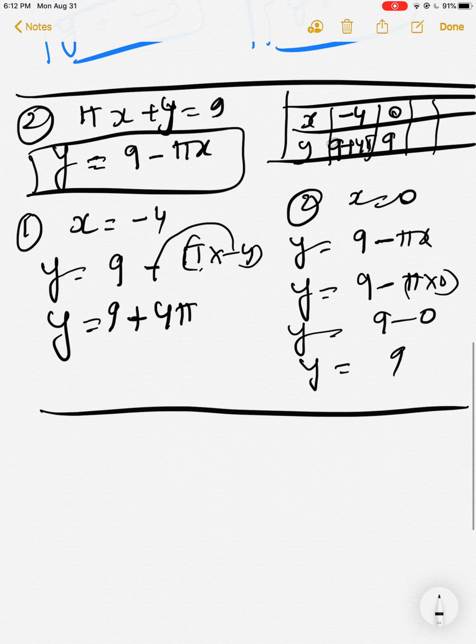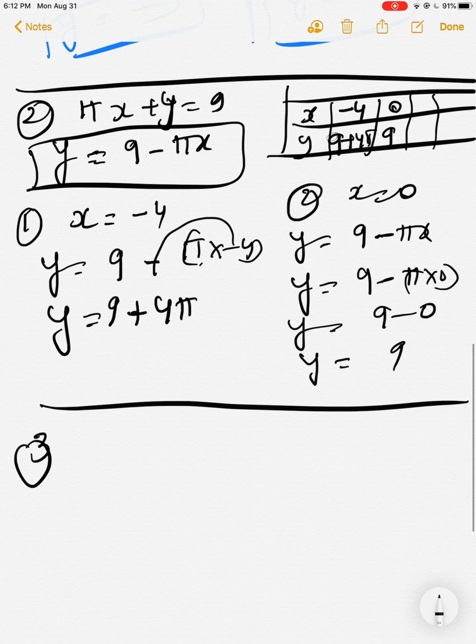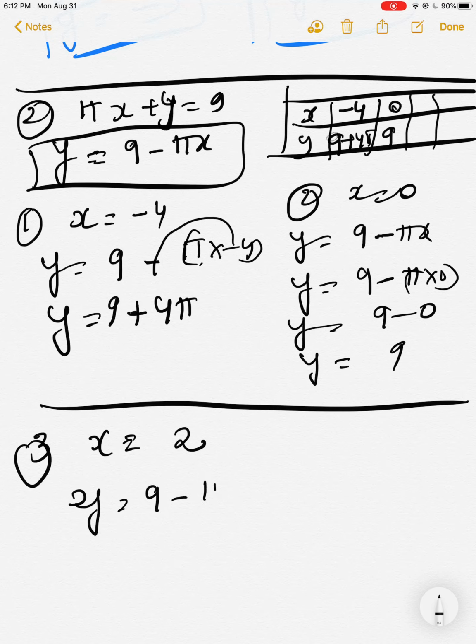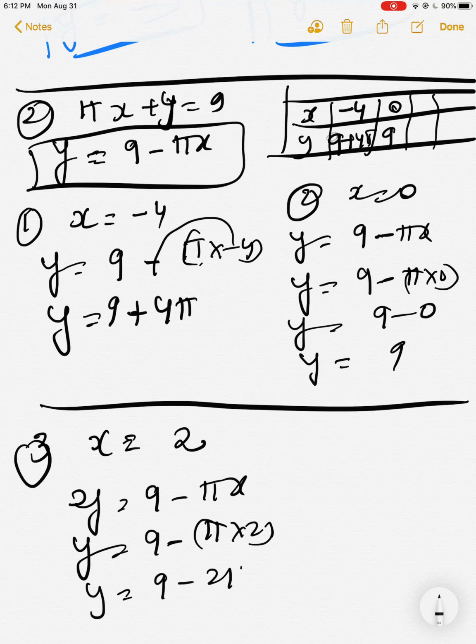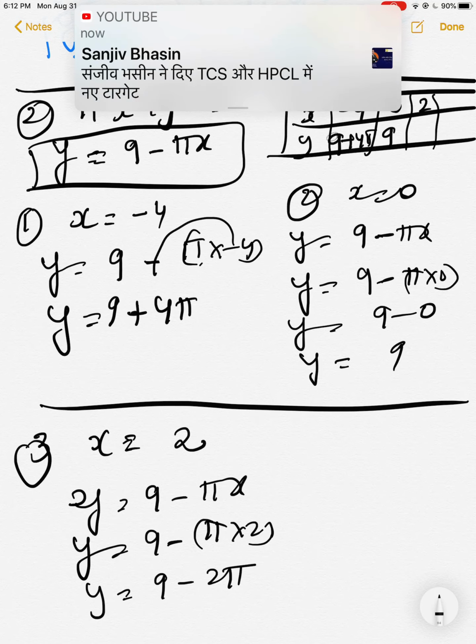So now third case, let us take x is equal to 2. Okay, now y is equal to 9 minus pi x. y is equal to 9 minus pi into 2. y is equal to 9 minus 2 pi. Then x is equal to 2, y is equal to 9 minus 2 pi.